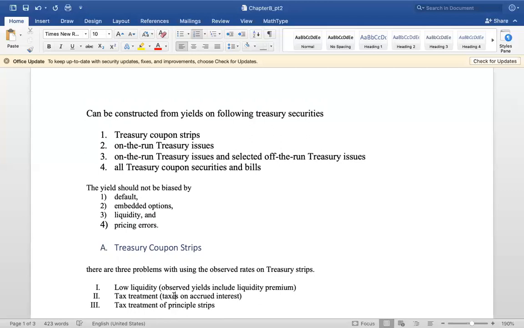The second issue is the tax treatment, because the treatment of strips is different from treasury coupon securities, especially the accrued interest on strips is taxed, even though no cash is received by the investor. Thus, they are negative cash flow securities for taxable entities, and as a result, their yield reflects this tax disadvantage.